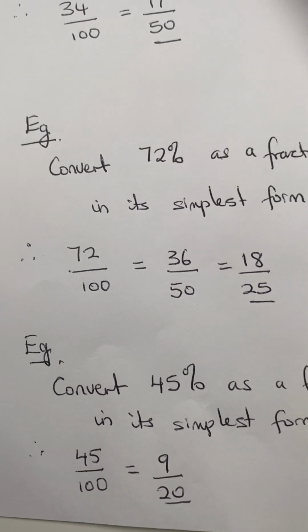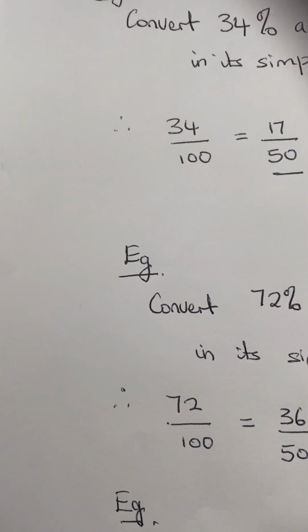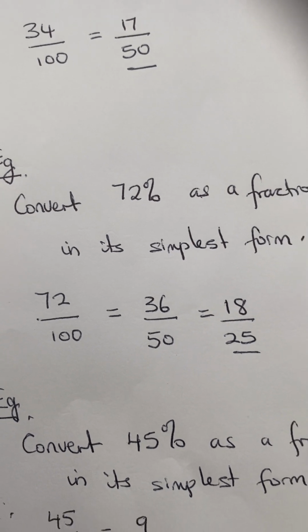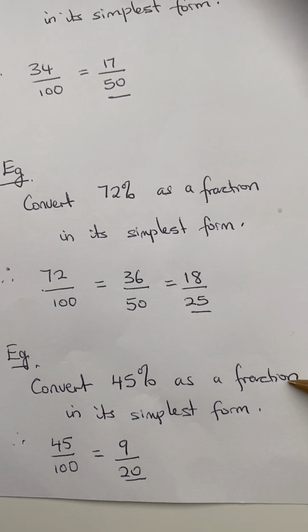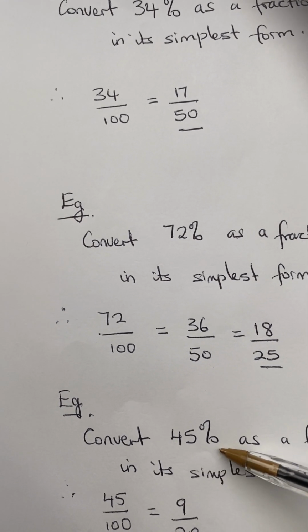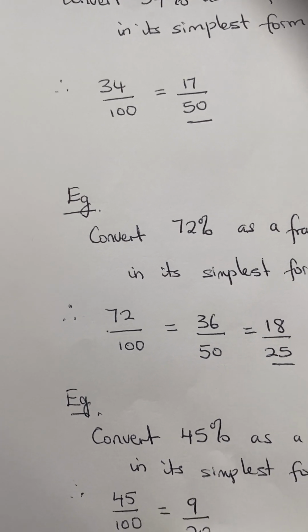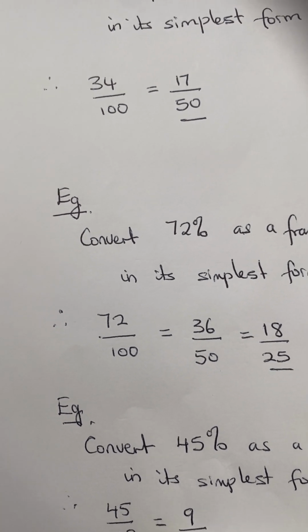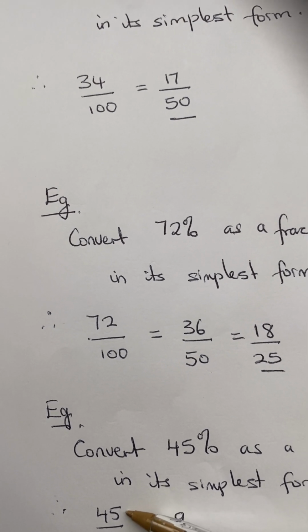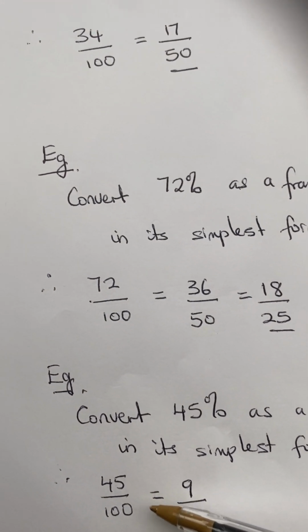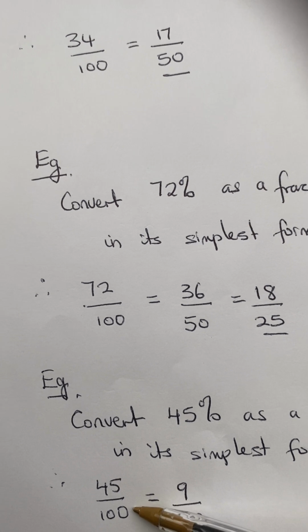Then we put the answer as the question is asking us to do. Okay, our last example for today, convert 45% as a fraction. So first, we know that 45% is 45 over 100. Okay, now here, 5 is a factor of 45 and 5 is a factor of 100.